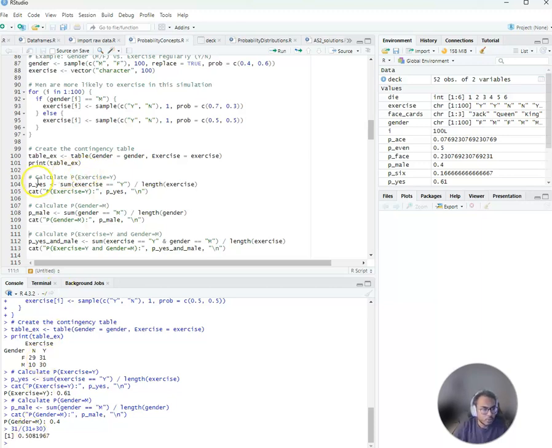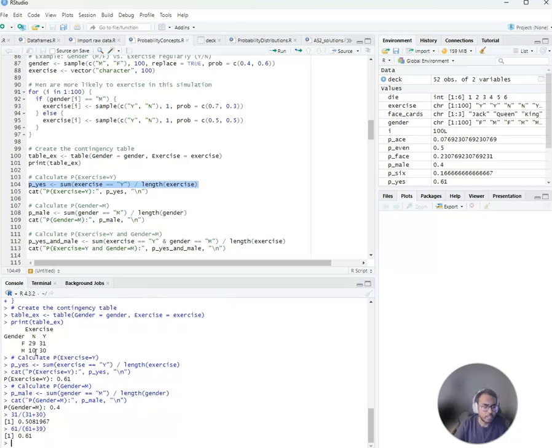So in order to cross-check whether this entry is right or not, let's take a look at the total number of entries where exercise is yes. That is 31 plus 30, which is 61, divided by all the possible entries under the exercise column. So all the no's plus all the yeses. So it's going to be 61 for all the yeses plus 39 for all the no's, and you get 0.61.